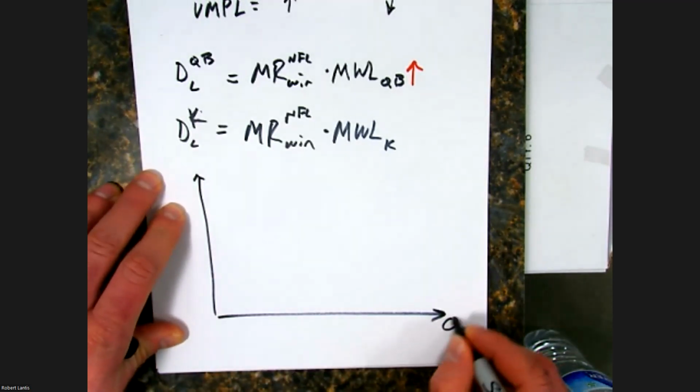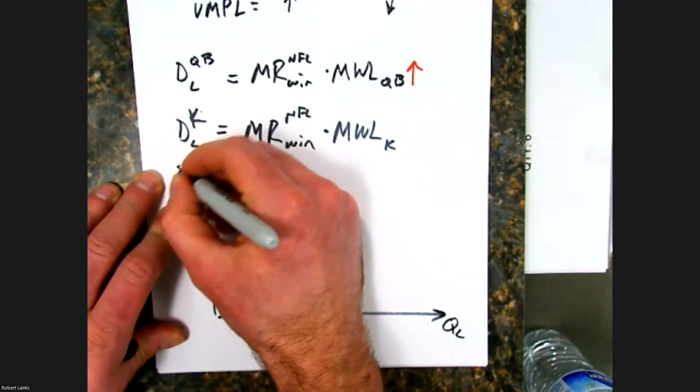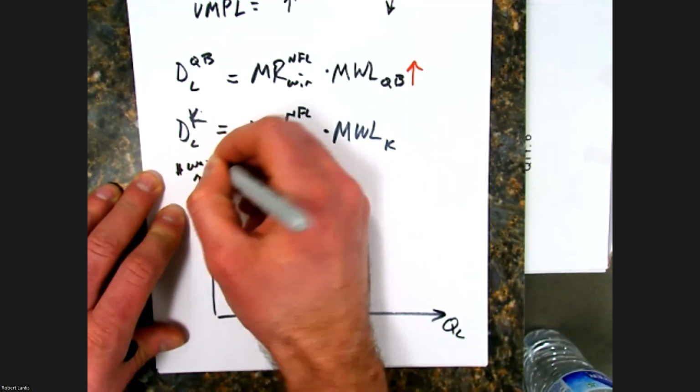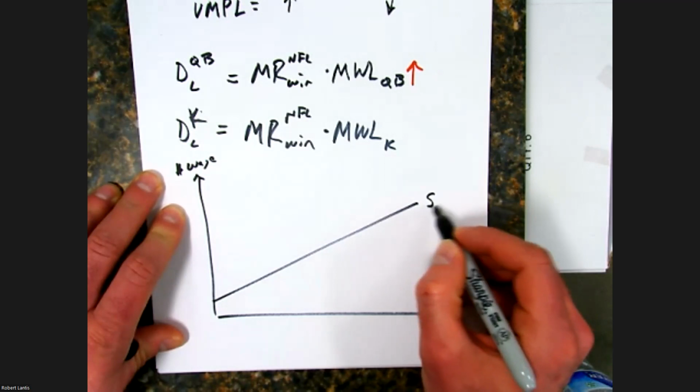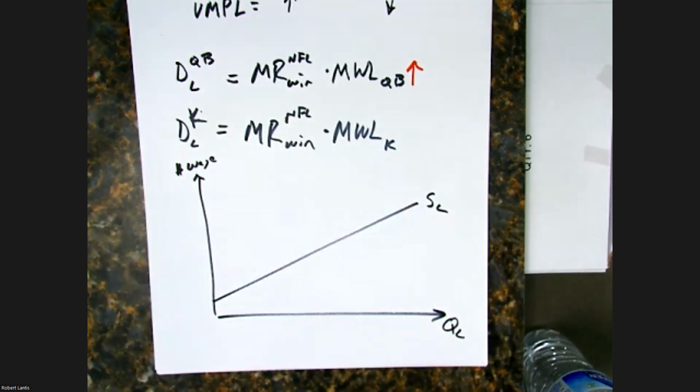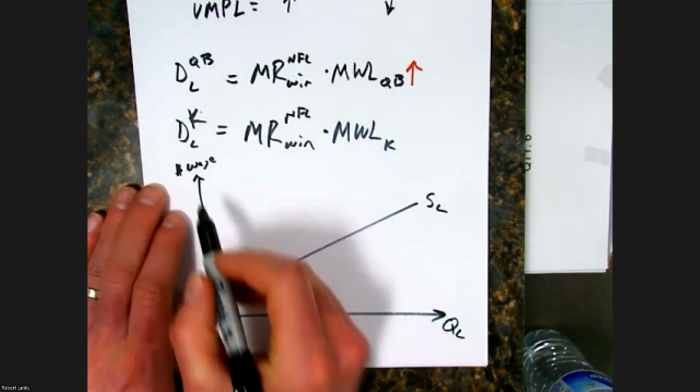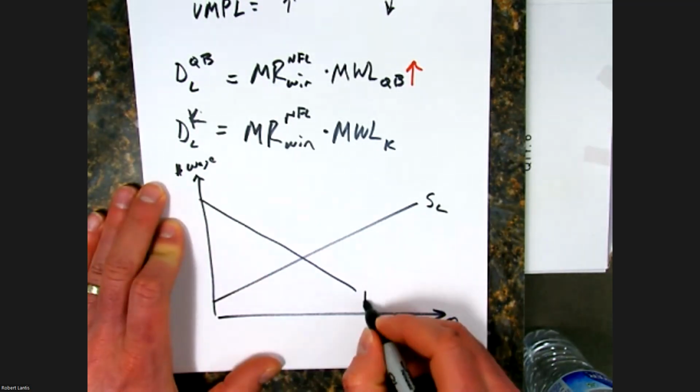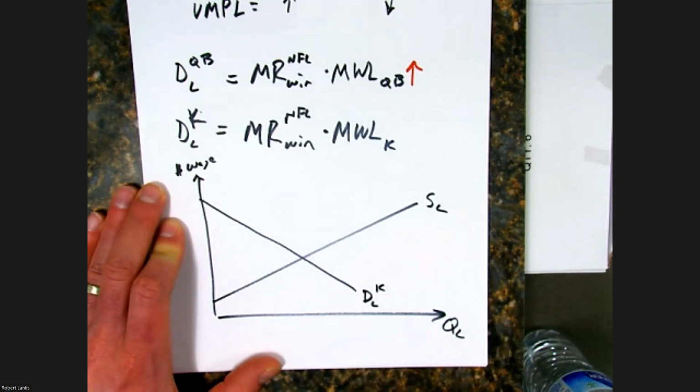So we think about the quantity of labor. We've got wages or salaries up here. Here's our supply for labor. And to simplify it, let's assume that there's the same supply of kickers and quarterbacks, right? We then would think, okay, here's my demand curve for kickers.